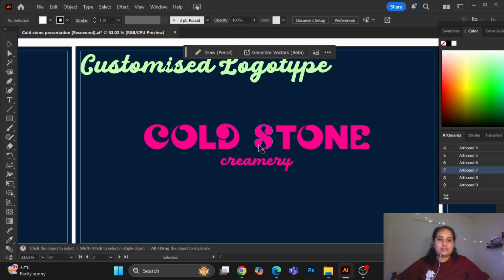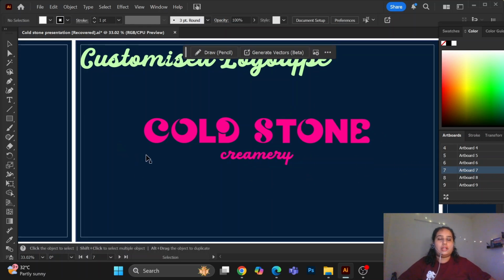I've also added this scoopy effect below the S. I've customized the D. I've kept the L, the T, and the N the same as the original font, because too much customization makes it more cluttered, but this has a balanced structure all over, a perfect combination of the thick and strong lines, and also the drippy effect and the scoopy effect, the creamy effect of ice cream. So this was the customized final logotype.